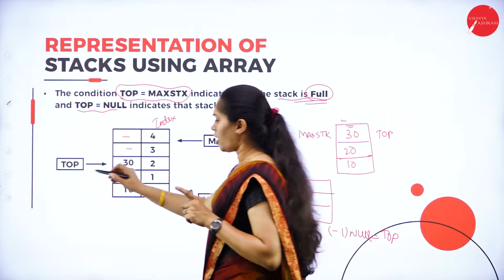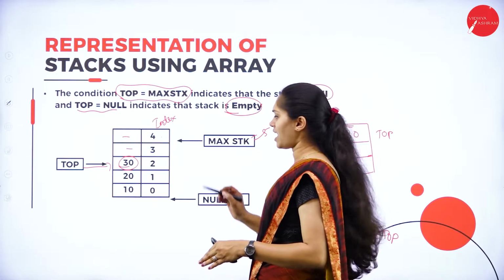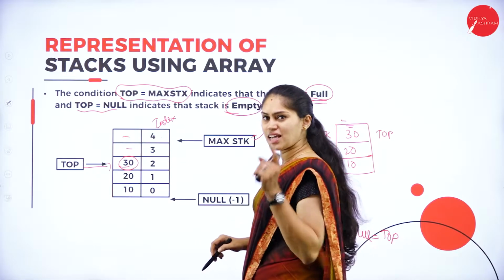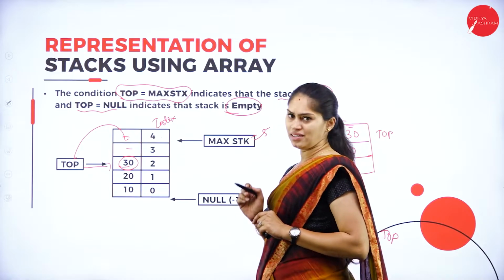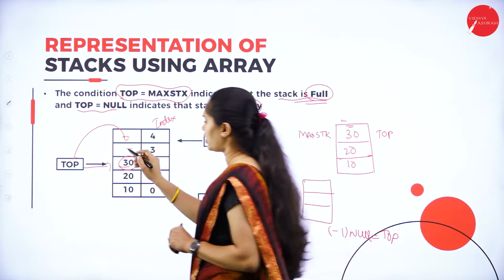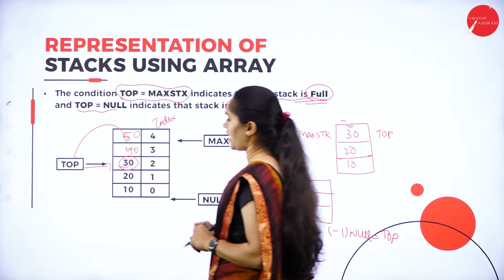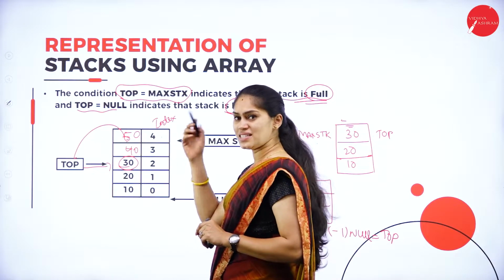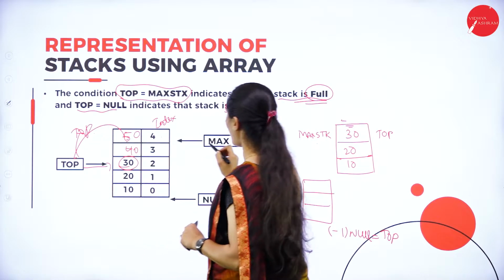That is what top is indicating, the topmost element, and we also have a chance to add 2 more elements if I wanted to do so. That has to take place from the top end only. So if I am trying to add 40 we can add, if I am trying to add 50 we can add, but if I am trying to add 60 then top is equal to maximum stack.